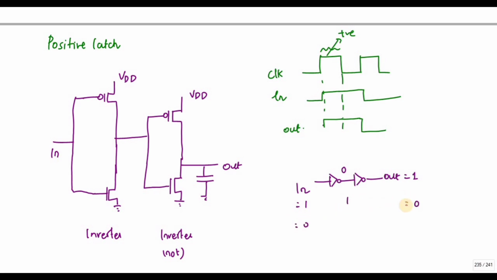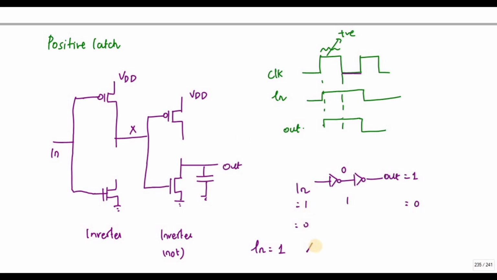So what happens when the clock value is 0? If the clock value is 0, this will be open circuited. If I give the input value 1, this transistor will conduct, but X becomes floating, so the input will not go to the output.